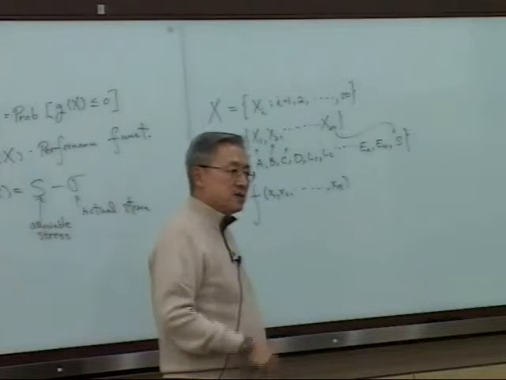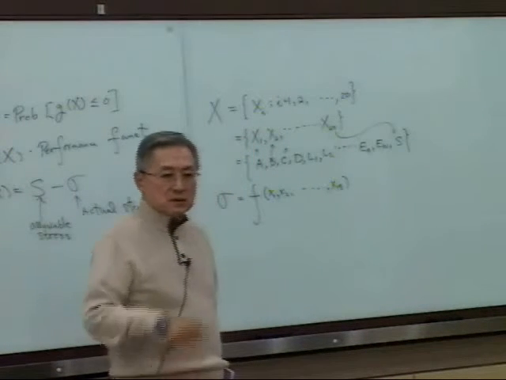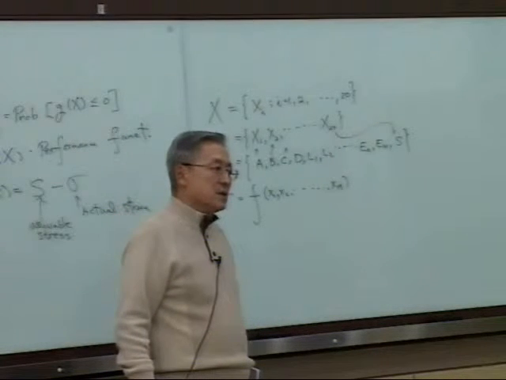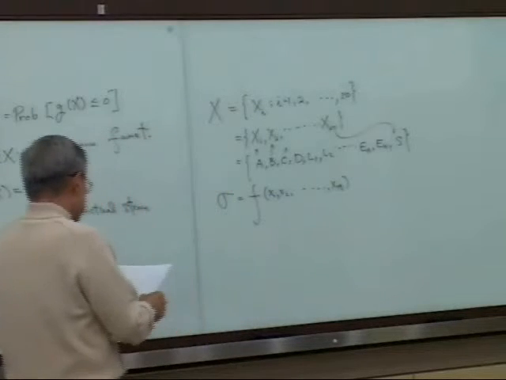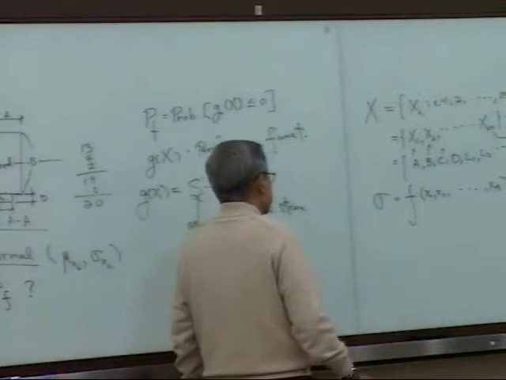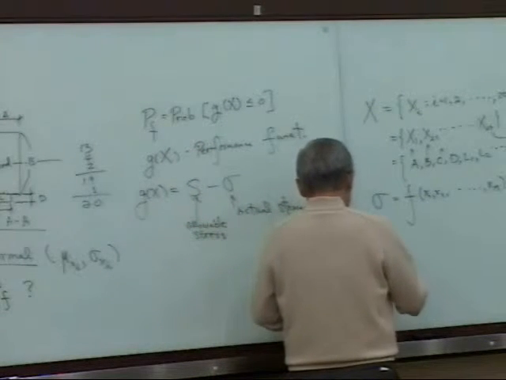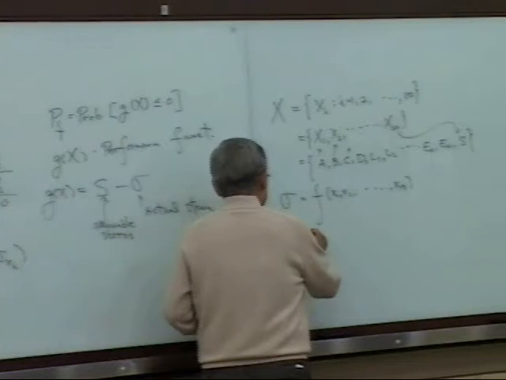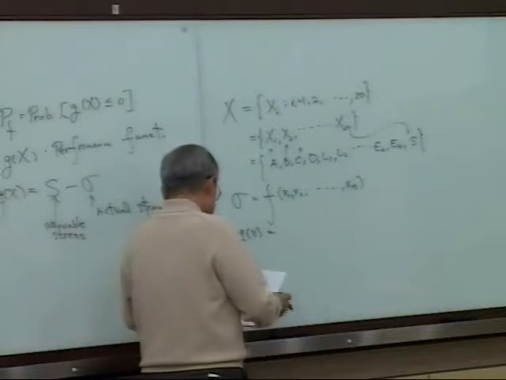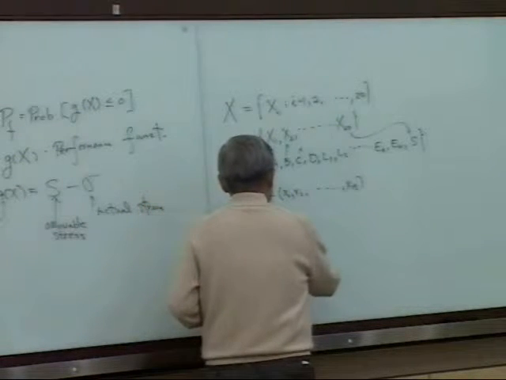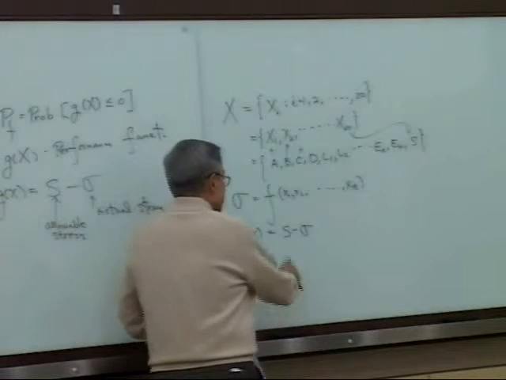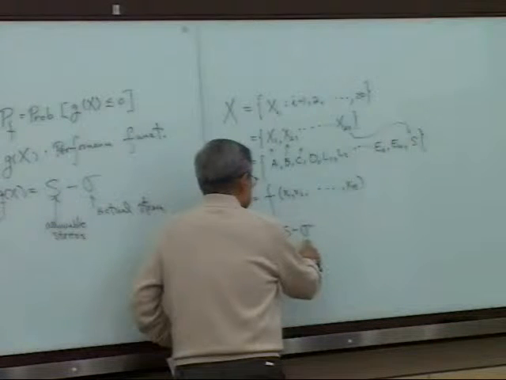The last random variable I set as S, so S happened to be the allowable stress. So F, the sigma you get, and now you can define the G, performance function or limit state function, which is the same thing as S minus sigma, allowable minus actual.